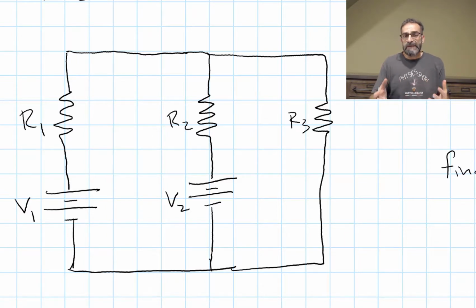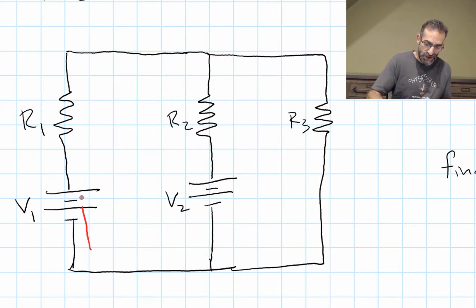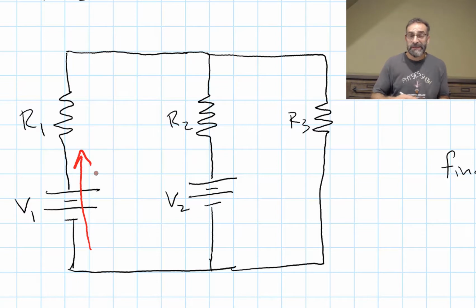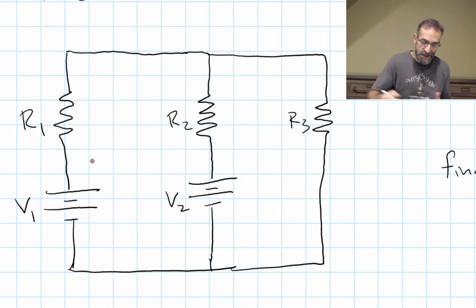Most of the time, not always, but most of the time, current is going in the direction of our battery. The battery pushes the current out the high voltage terminal, and it comes back in the low voltage terminal of the battery. So typically in our circuits, that's the direction of the current. So we can pick that as our direction, but it doesn't matter.